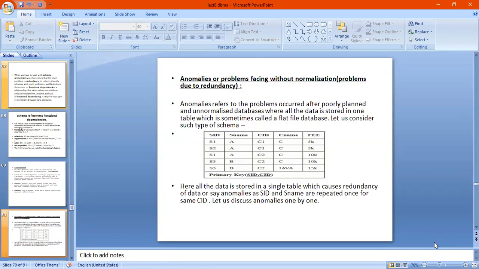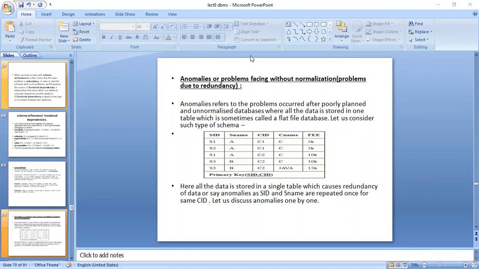So what are the different anomalies or problems faced without normalization? Problems due to redundancy. Anomalies refer to the problems occurring in a poorly planned, unnormalized database where all the data is stored in one table, sometimes called a flat file database.